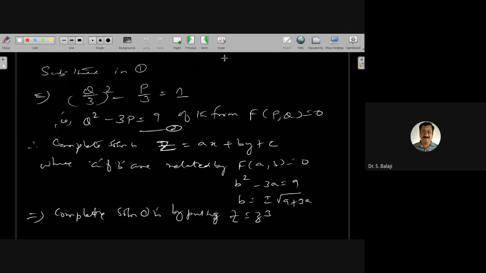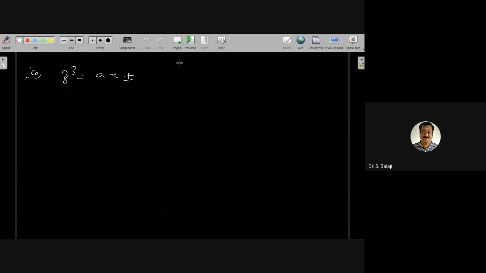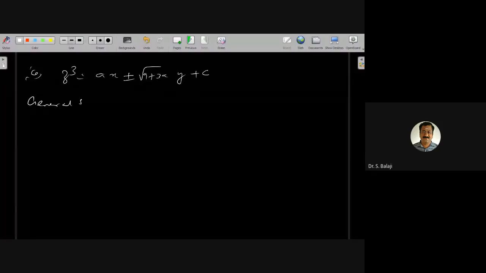That is, capital Z is z³ equals a small x, with b equal to plus or minus √(9 + 3a), times small y plus c: z³ = ax ± √(9 + 3a) y + c.